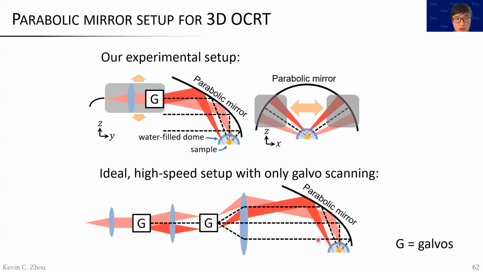And so with this setup, you can rapidly acquire the OCRT data set. So this setup opens up the possibility of in vivo imaging of exposed surfaces such as cornea, skin, or endoscopically accessible mucosal tissues.